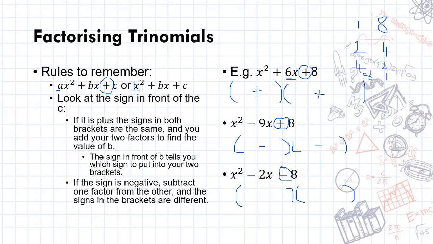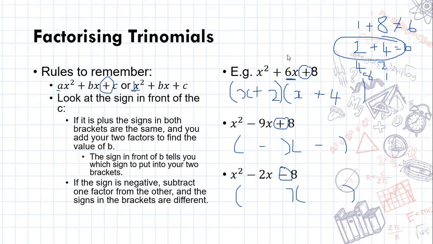Because the sign at the back says plus, we have to add the two factors together to find our middle term, which is 6. Does 1 plus 8 equal 6? No, it doesn't. 2 plus 4? Yes, it does. So we can use these factors. Here we would have x plus 2, and x plus 4, and we are done.